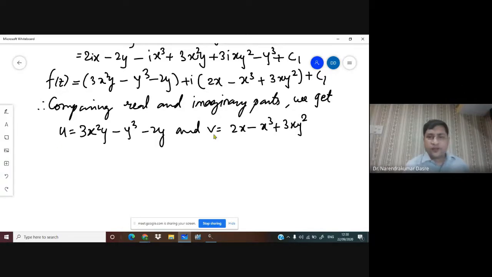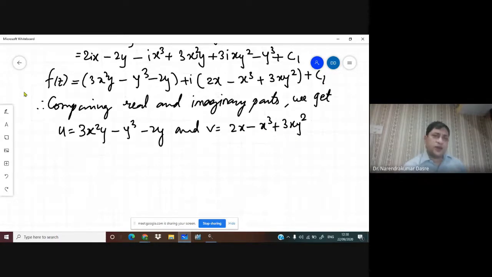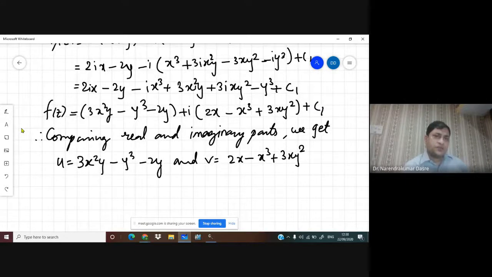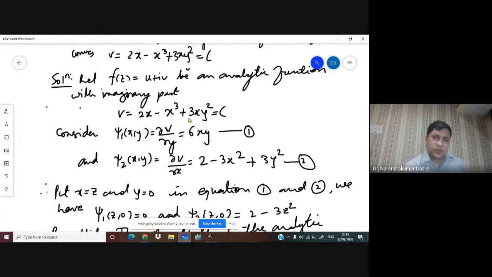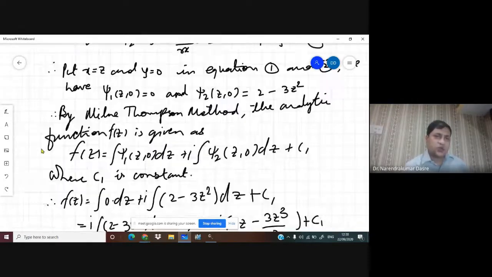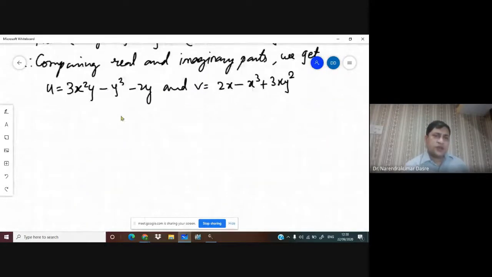So now verify whether we got the given term or not. So check this. It is 2x minus x cube plus 3xy square. So that is correct. That means our calculation is correct, and hence we are able to get this as the orthogonal trajectory.